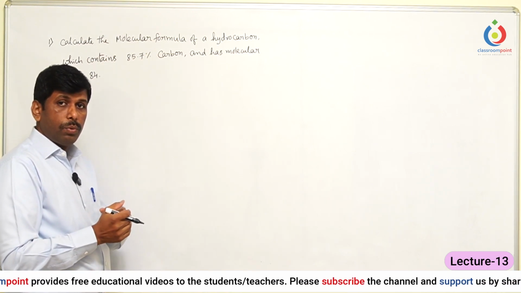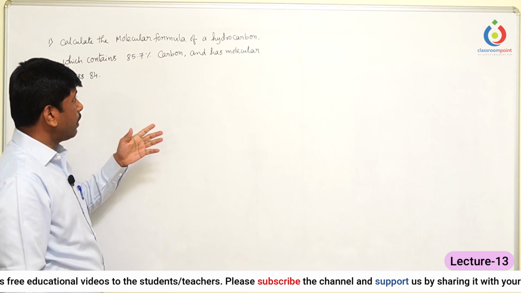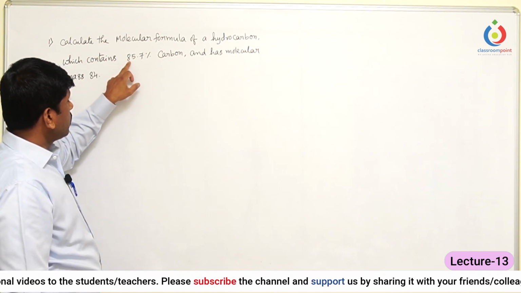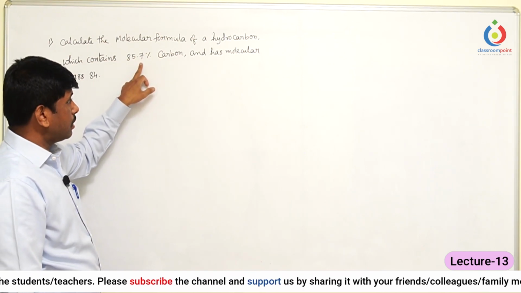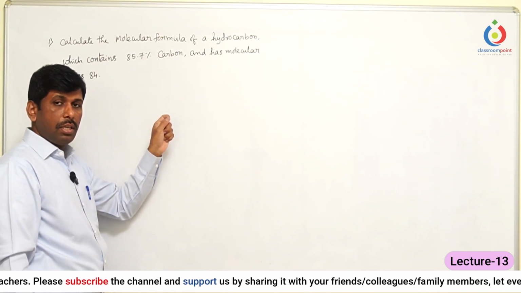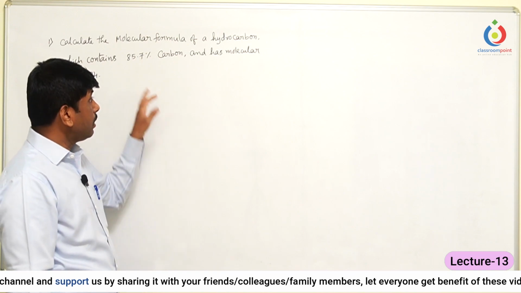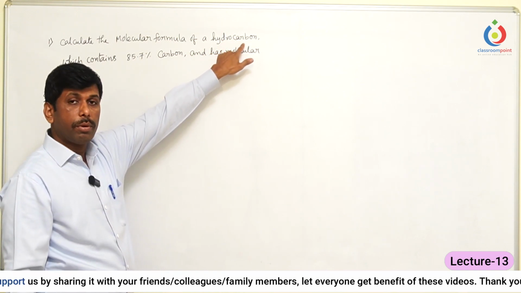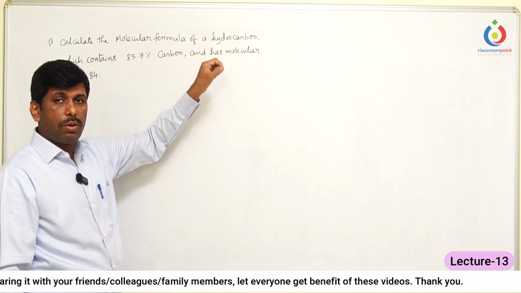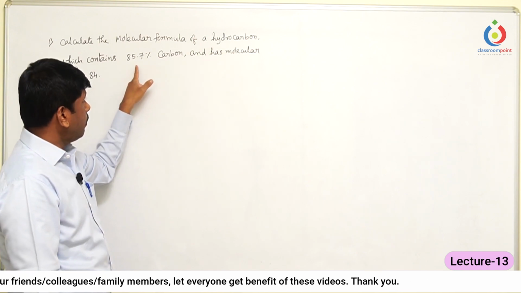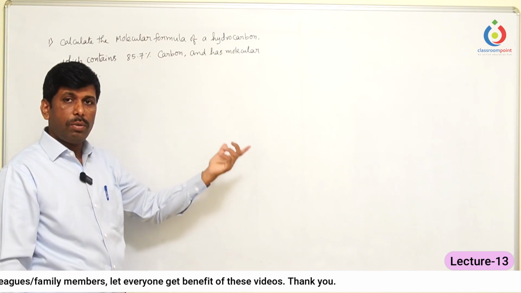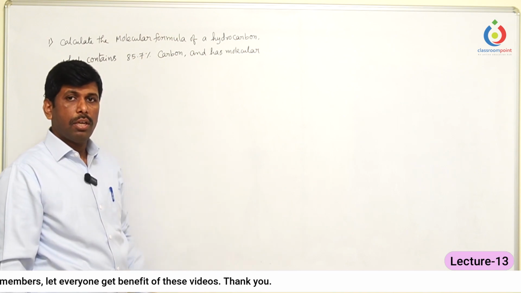So if you watch the previous rules, whatever I discussed, the total percentage is not equal to 100%. In this particular case, the difference value is not equal to the percentage of the oxygen. Why? Because the compound is mentioned as a hydrocarbon. That means it contains only hydrogen and carbon. So the carbon value is given, so the rest of the value belongs only to the hydrogen, not the oxygen.